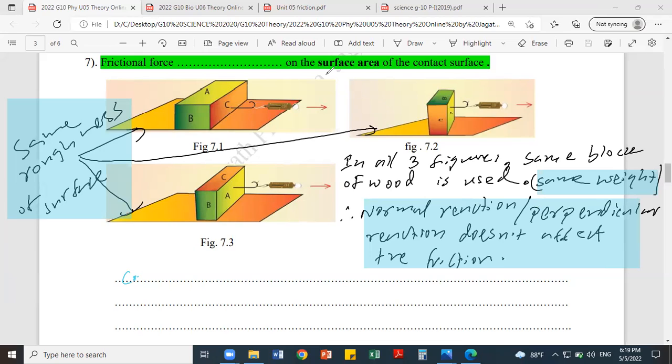So we'll write the steps here. The first one: paste the sandpaper on the surface with the largest area.